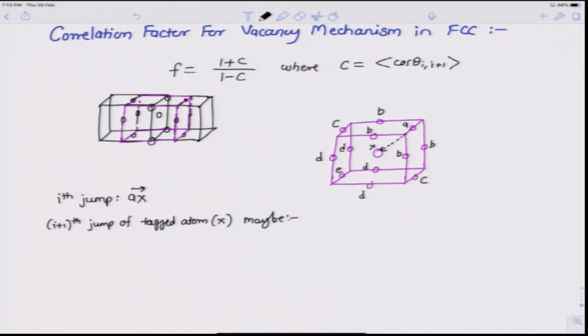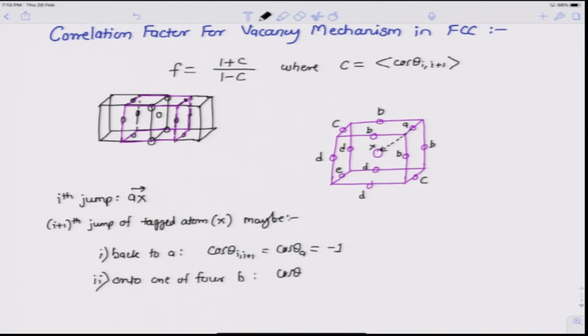Now, it may be either back to A, in which case cos theta i plus 1, or let us call it cos theta A, would be minus 1, or it can be onto one of the 4 B sites, for which cos theta B would be minus half, or it can be onto one of the 2 C sites, and they are making 90-degree angle.